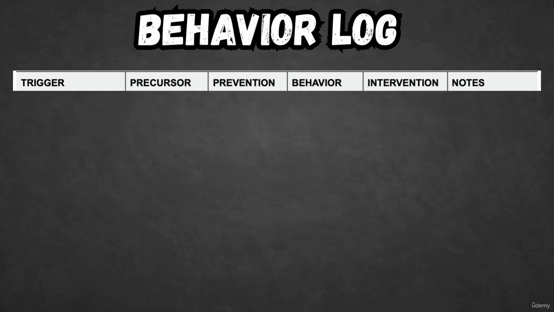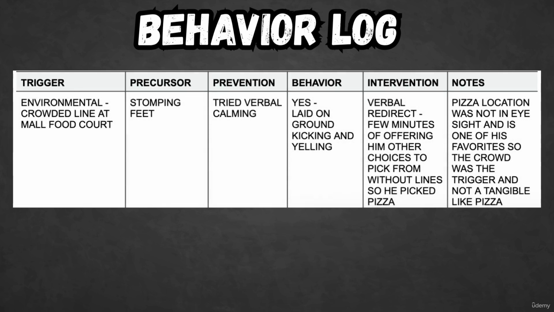Now in the next example we have environmental, such as a crowded line, and the individual is stomping their feet as a precursor, and the prevention technique is verbal calming. The behavior happened, yes. He laid on the ground and started kicking and yelling.